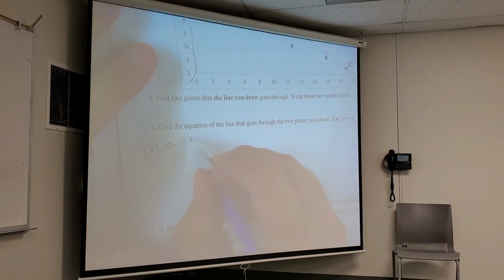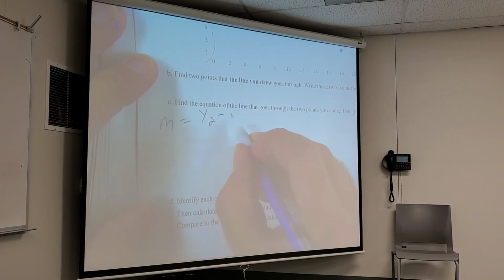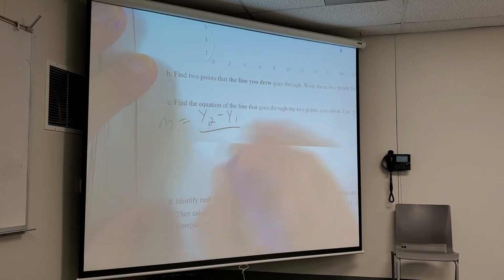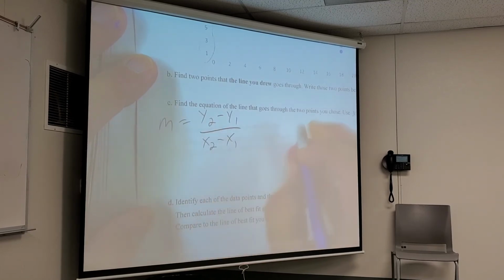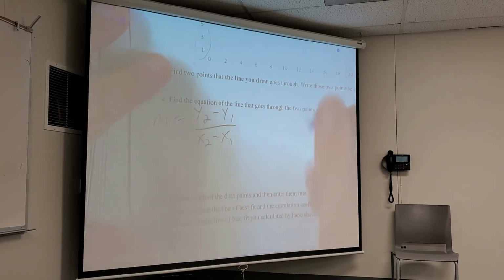Forgot what the slope equation is. What's the slope equation? M equals, y2 minus y1 over x2 minus x1. So what is it in words? Rise over run. Y's over the other guys.